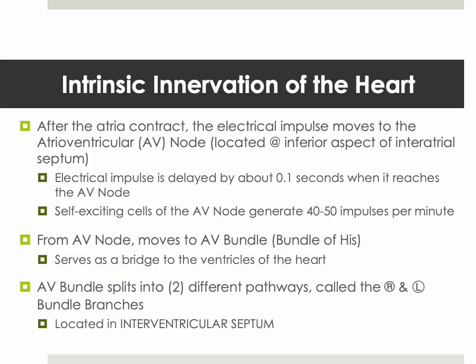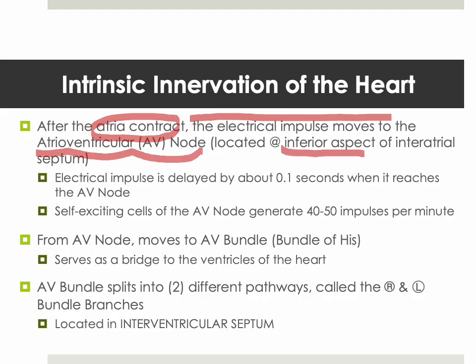Okay, so from the sinoatrial node and the contraction, the impulse is going to move to another piece called the atrioventricular node, which is located inferior to the interatrial septum.